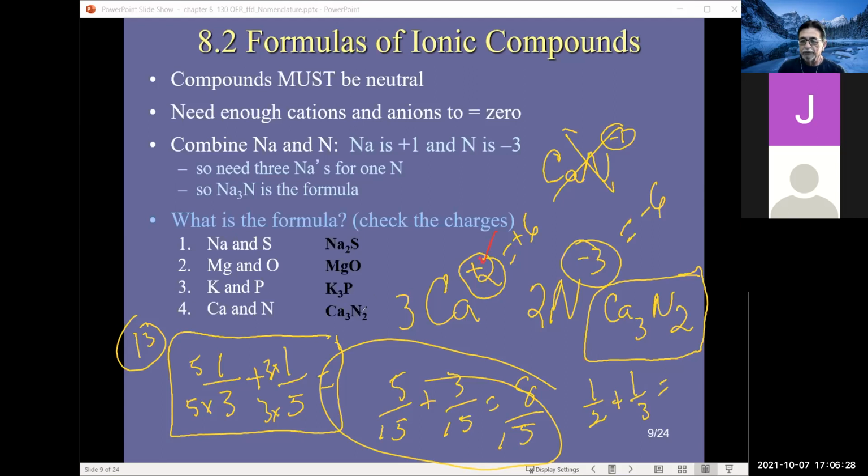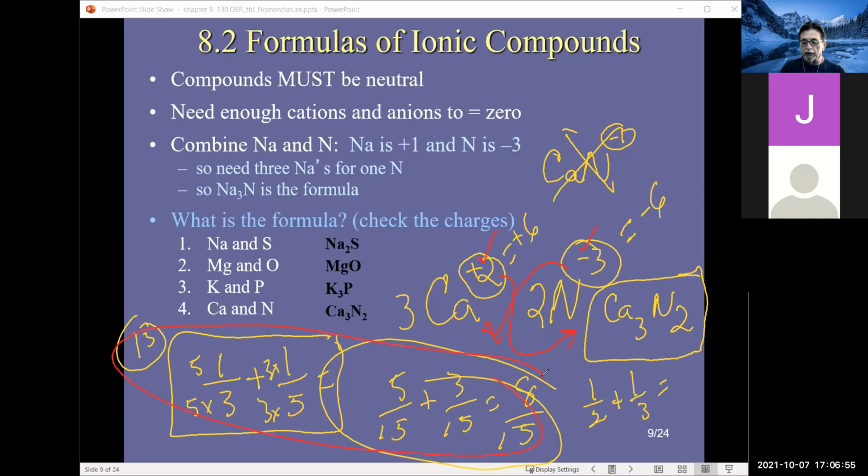Yeah. Note the subscript of the calcium. Isn't that the oxidation number of the anion? Yeah. So that may be an aid to help you when you put them together. That 3 becomes a subscript right here, and that 2 becomes a subscript right there. But if you don't see it, no problem.